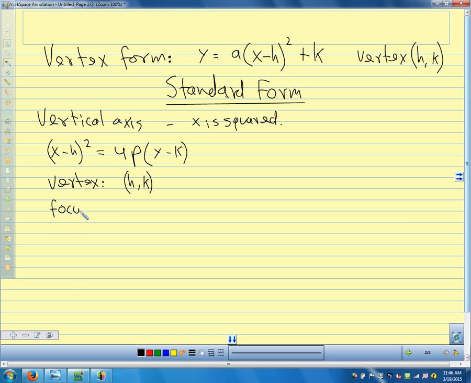Our focus, this is where this p value comes into play. If our parabola opens up, the focus is up from the vertex. That's what p tells us, how far from the vertex it is. So it's at (h, k plus p).